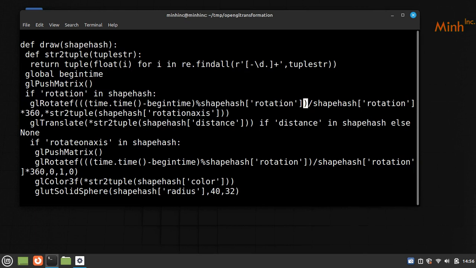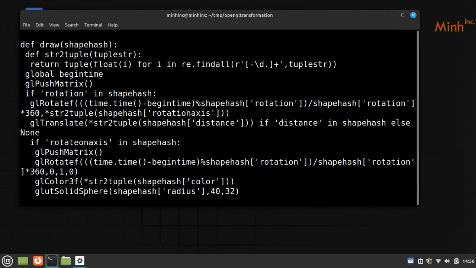So this gives the remainder, and then we divide by the shape hash rotation, and multiplied by 360, and then whatever we receive, the rotation axis, on which axis it rotates, so that axis.